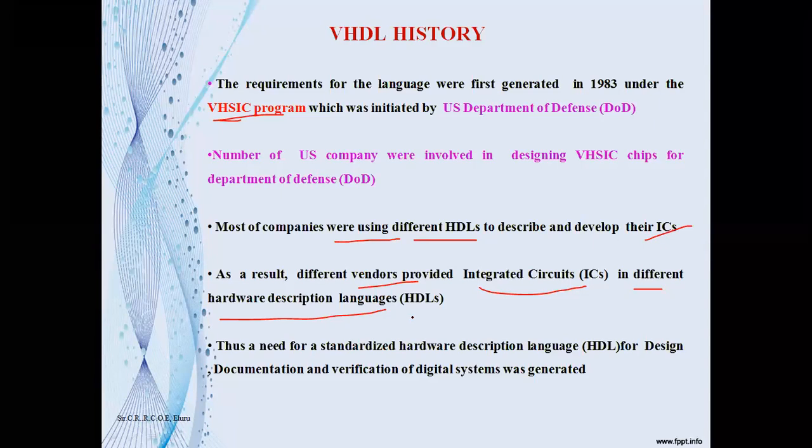So the Department of Defense wanted a standardized hardware description language for the design, documentation, and verification of digital systems.